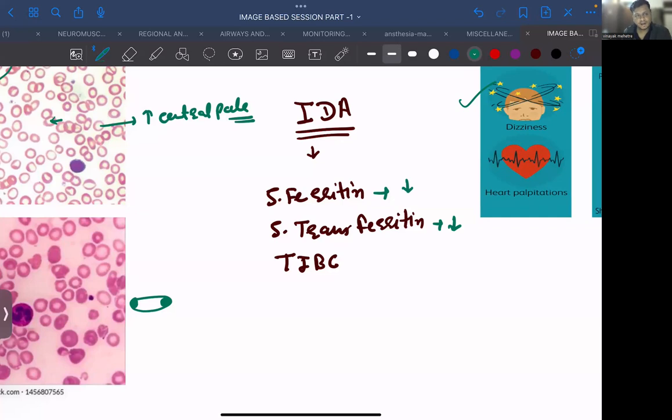लेकिन if iron is less in the body, what will our RBCs try to do? They will try to grab as much as they can, right? हर एक छोटा से छोटा आयरन हो उसे भी ग्रैब करने की कोशिश करेंगी. For that purpose, total iron binding capacity will increase.